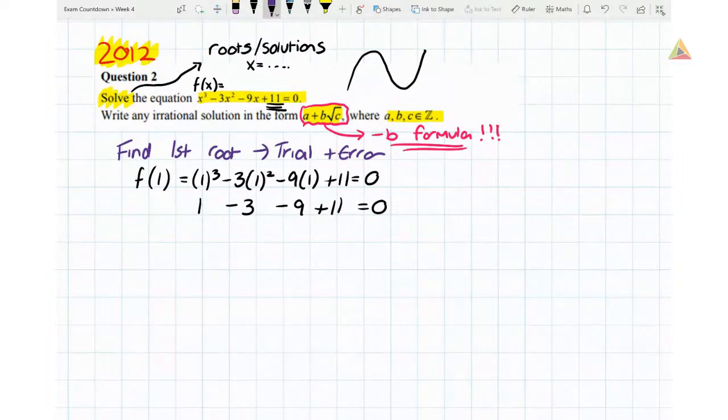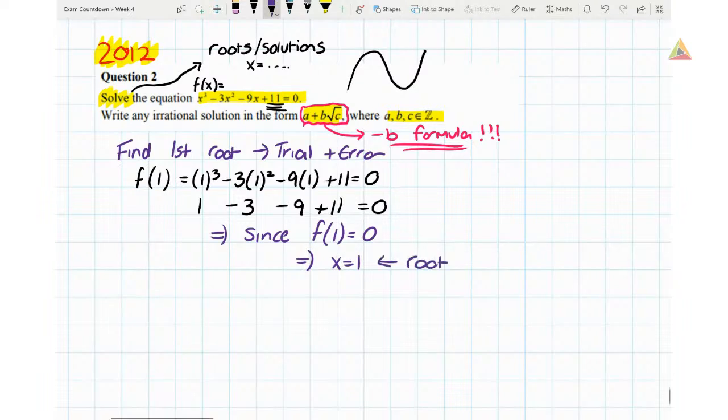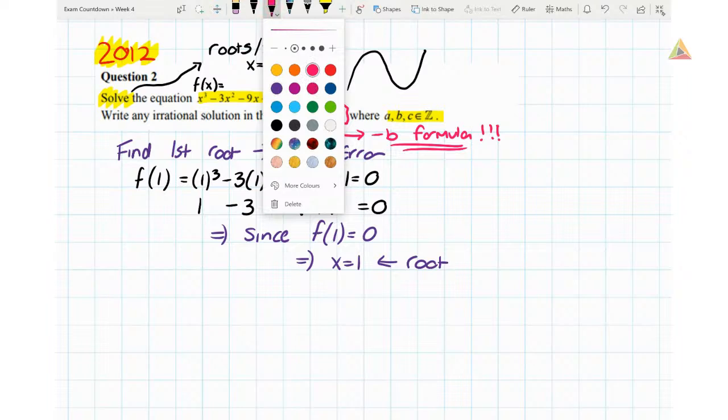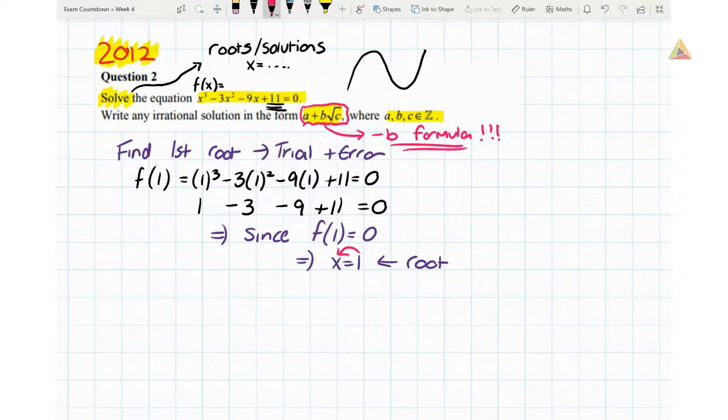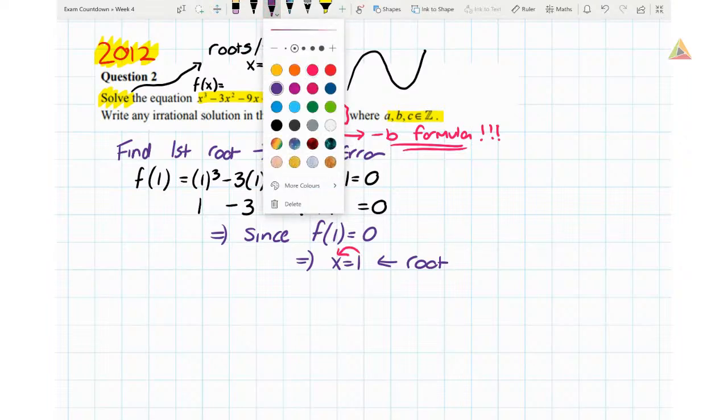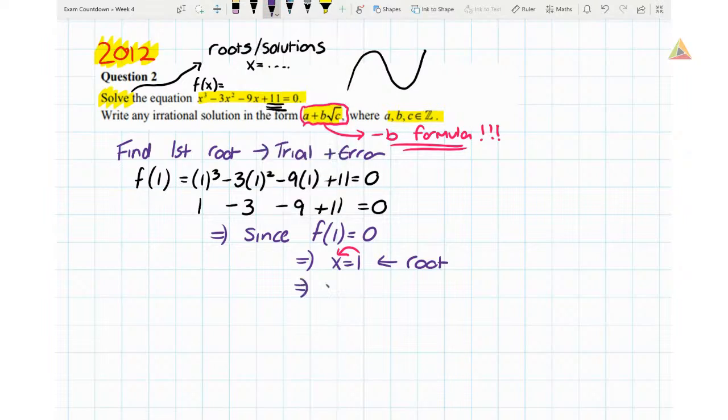So since when we subbed it in, f of 1 gave us 0, that means x equals 1 is our root. And remind ourselves, how do we get from our root to our factor? We just move over to be with the x. So the factor theorem tells us again that if x equals 1 is a root, x minus 1 is going to be your factor.